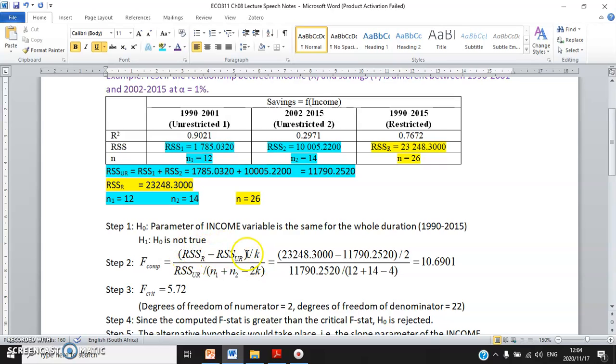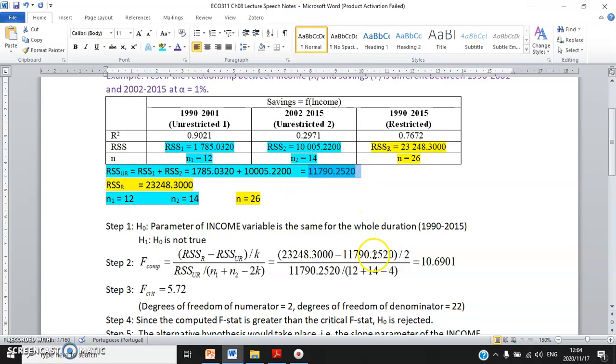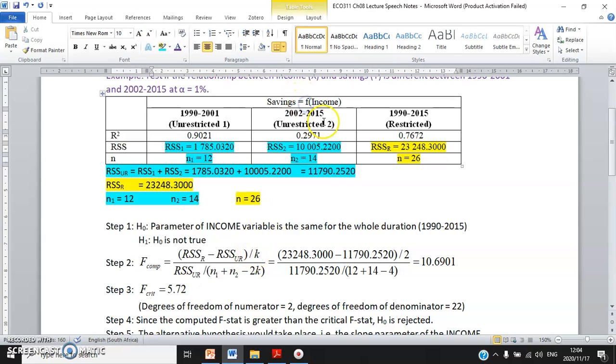It is equal to numerator bracket, residual sum of square from the restricted regression 23248 point something, minus the residual sum of square, the total from the two unrestricted regressions, so 11790 something, divided by k, which stands for the number of parameters in the regression. Remember, this is a bivariate regression. So you have a constant and the slope.